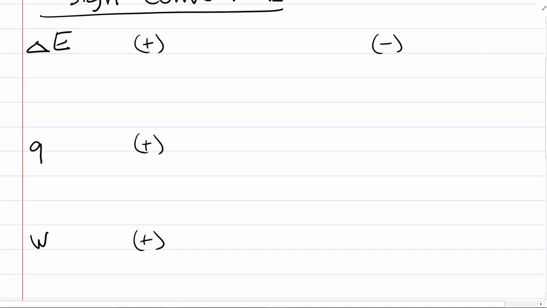The sign on delta E and Q and W can all be positive or negative. And so on Monday when we come in, we'll talk about what it means is happening when we see a positive or negative sign on these values. Any questions that you have?